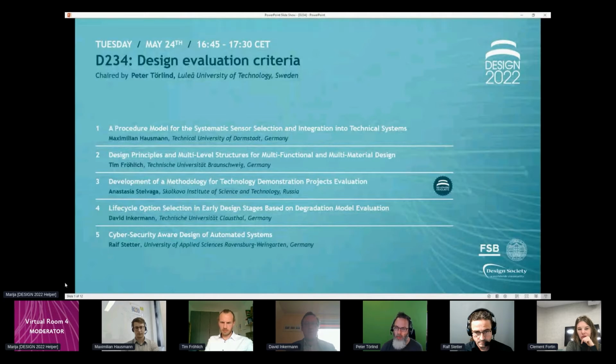We have 5 papers, where the first paper focuses on how you can be a bit more systematic when you select sensors. The second paper talks about design principles for multifunctional and also multi-material design, so how we can deal with that. The third paper focuses on presenting a framework for evaluating technology demonstrators, and that paper also got the reviewer's favorite, so that's nice.